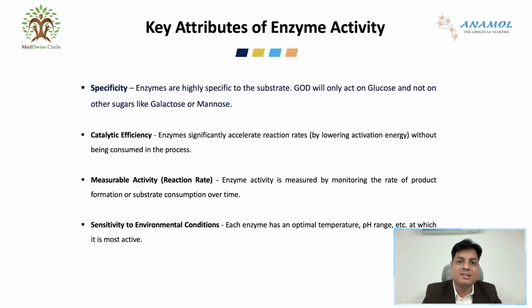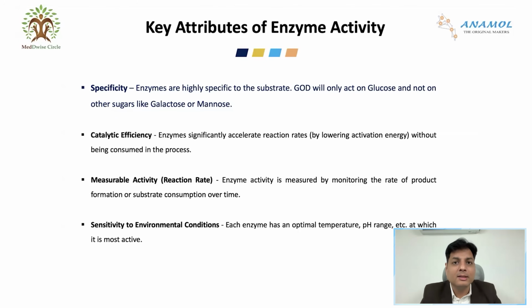The first attribute is that enzymes are very specific to one particular substrate. For example, glucose oxidase enzyme only acts on glucose molecule and it does not act on any other sugar. This is the reason why enzymes are added in the diagnostic reagent and they are provided in the form of kits.